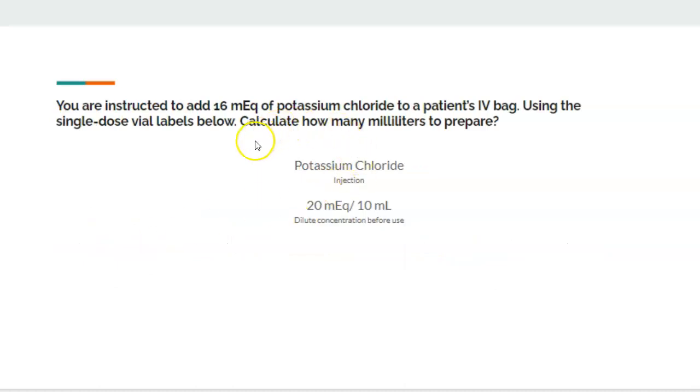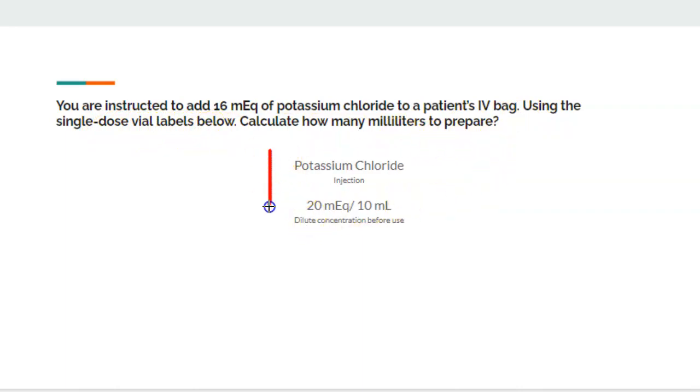So here I'm going to do a quick example of a problem on milliequivalents for potassium chloride. You were instructed to add 16 milliequivalents of potassium chloride to a patient's IV bag. Using a single dose vial label below, calculate how many milliliters to prepare.